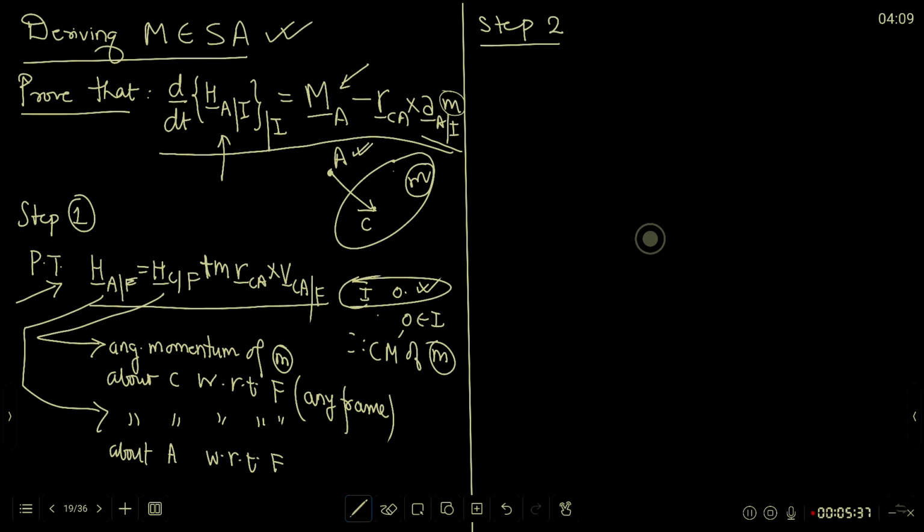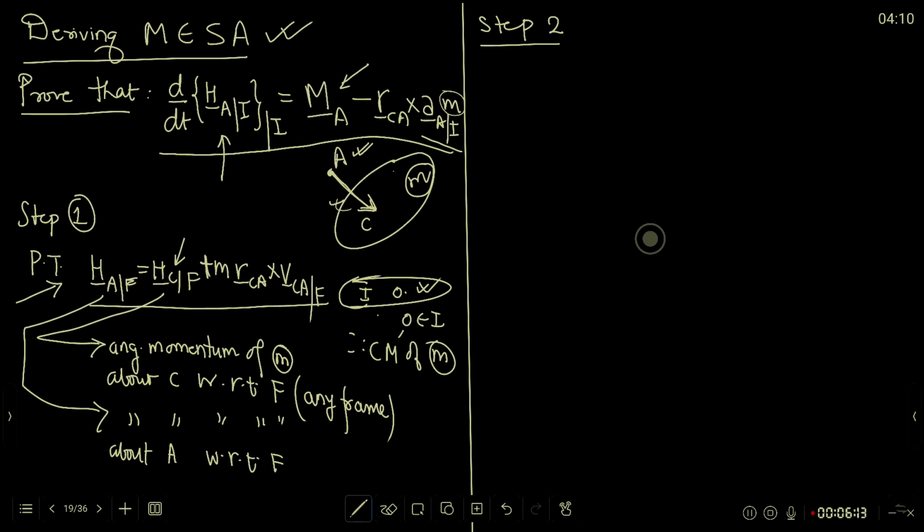In this relationship, I am trying to express the angular momentum of this RB about point A, no restriction, with respect to a frame F, and that I want to write as angular momentum of the same body about its center of mass and with respect to frame F, and then an extra term which is mass times RCA, position vector is shown, cross product with VCAF.